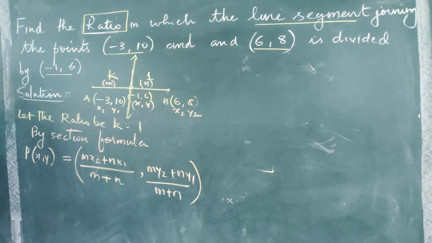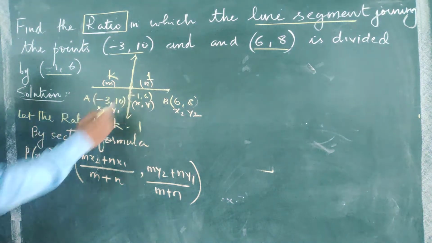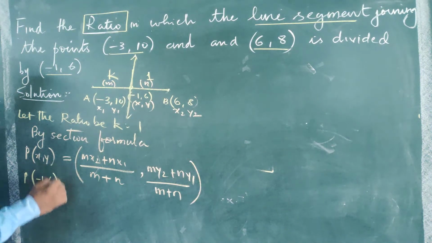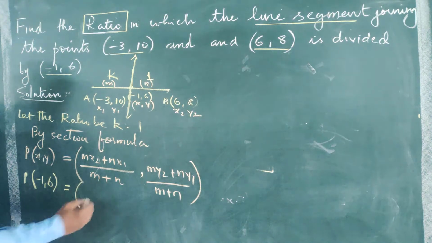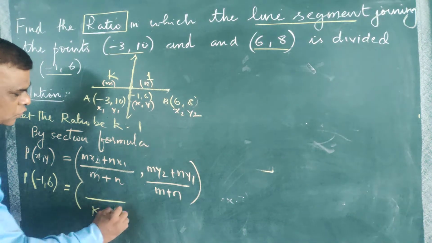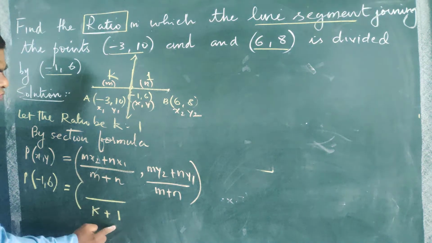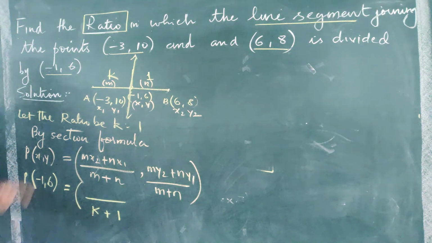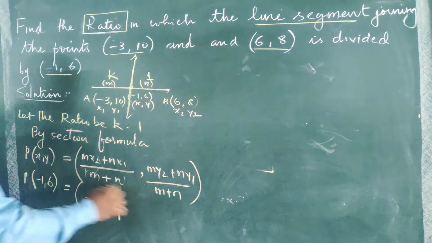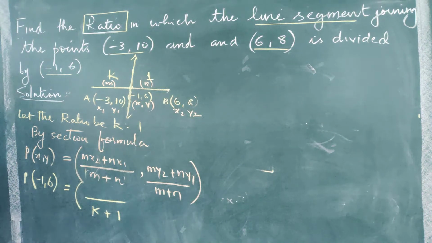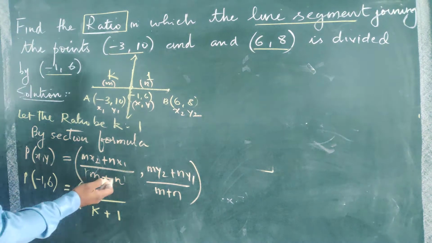So let us put the values now. P(x, y), so the value of (x, y) is (-1, 6), that is equal to, m is k and n is equal to 1. We have taken our ratio as k is to 1, not m is to n. M is to n is the standard section formula.